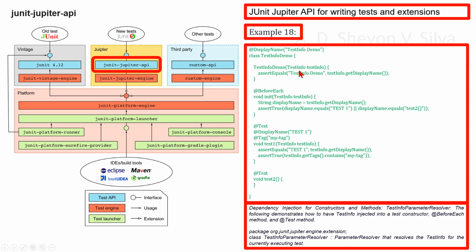Class TestInfoParameterResolver, in package org.junit.jupiter.engine.extension, is the ParameterResolver that resolves the TestInfo for the currently executing test.